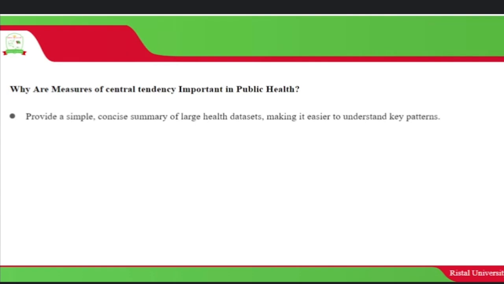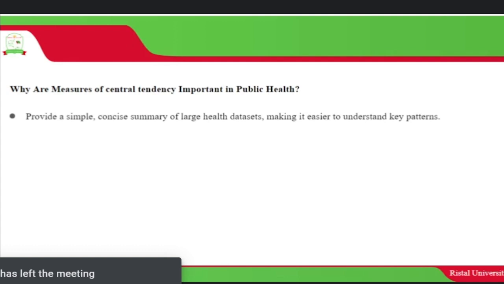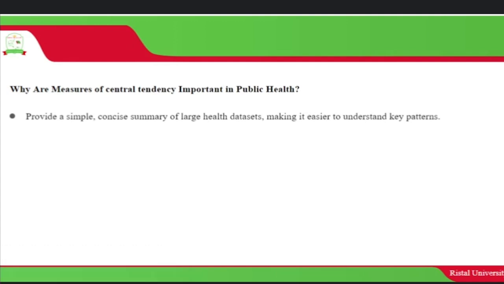For example, if you have a big data set of hospital admissions, or the number of admissions in a facility, and you want to know the average number of these admissions per day, it can help you summarize those numbers and have a quick snapshot of healthcare demand.